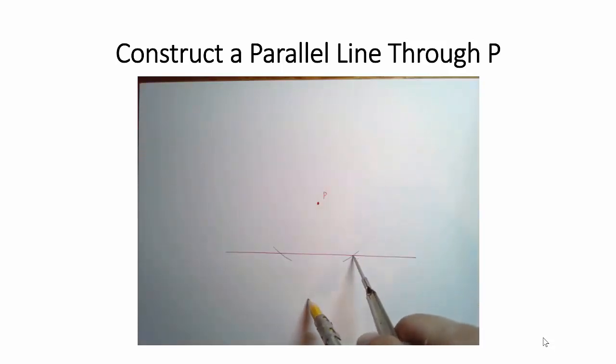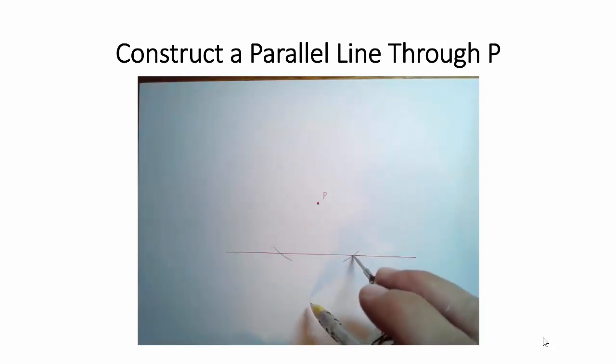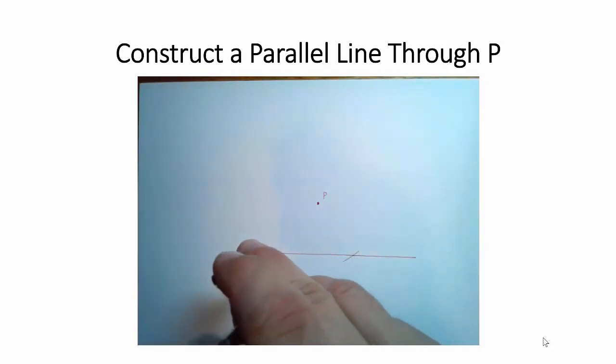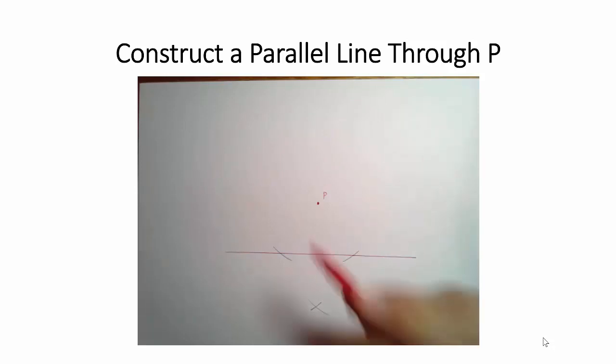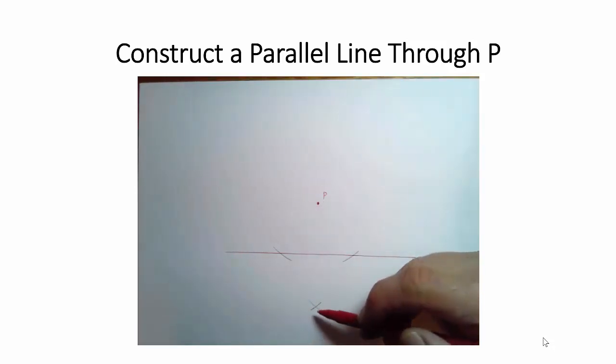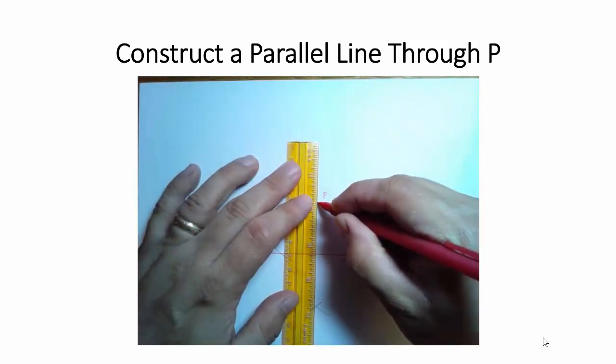Without changing my compass, I'll come down here and draw an arc for a circle centered at this endpoint, and another circle centered at this endpoint. And then I can connect point P to this point of intersection of these two circles.